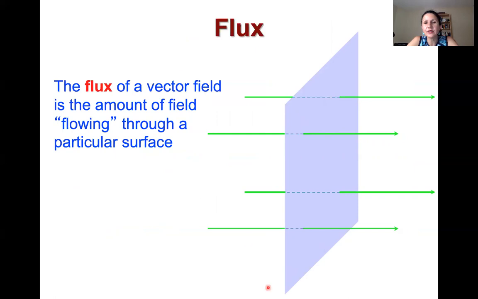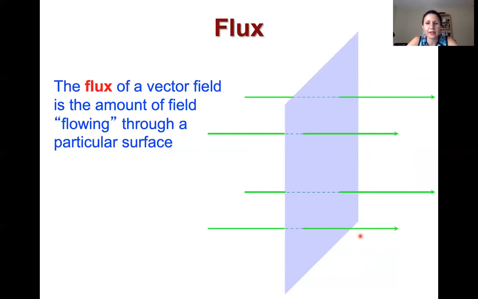And flux, you could think of as kind of like the density of magnetic field. So if you take some given area, and we're going to be talking about mostly loops or wires, you can think about the flux as sort of the number of field lines that are going through this area.